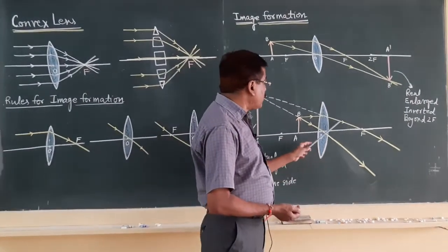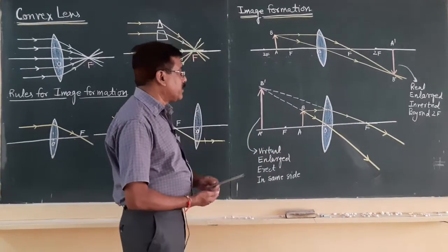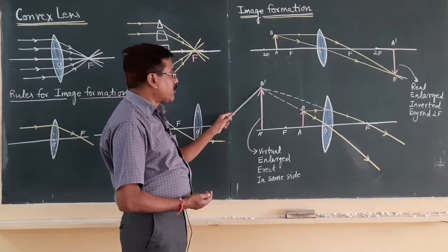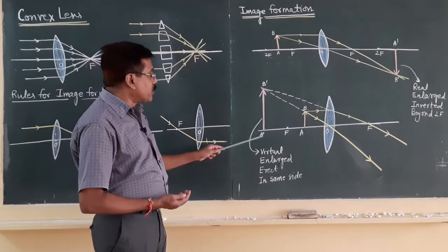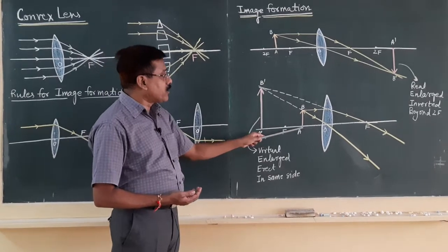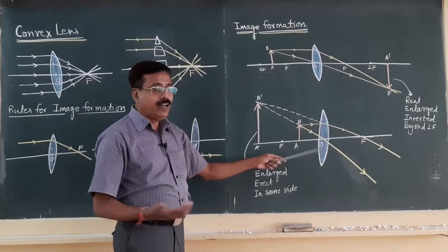Then you have to extend them in the backward direction to get the intersection point. So, the dotted lines are the extended refracted rays in the backward direction, and B dash is the intersection point. So, A dash B dash is the image of the object AB kept between focus and optical center.